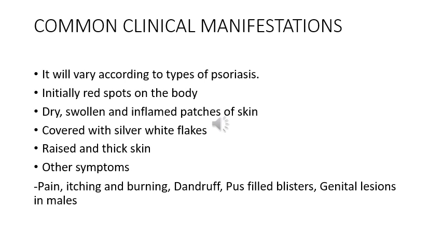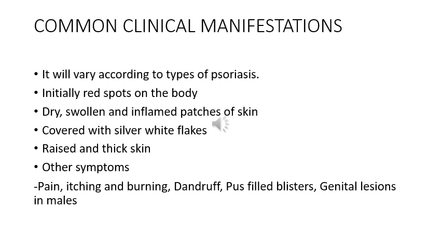You can see some common clinical manifestations, the general symptoms of psoriasis. It will vary according to the types of psoriasis. So initially there will be red spots in the body, followed by dry, swollen and inflamed patches of the skin. It will usually be covered with silver white flakes that indicate hyperproliferation and differentiation of the keratinocytes.